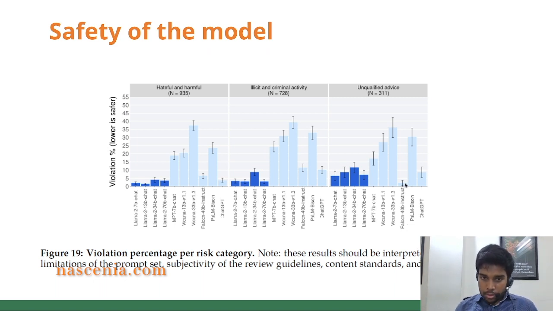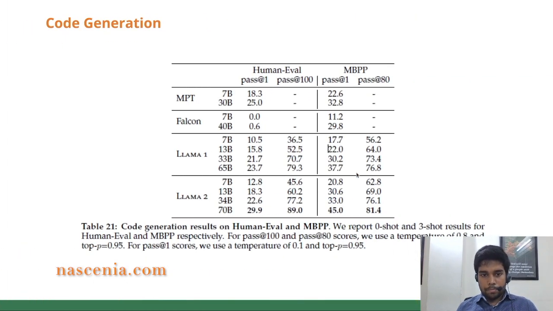But as you can see in this particular column, Falcon beats LLaMa 2 on unqualified advice. So it generates less unqualified advice than LLaMa 2, and you should consider that as well.